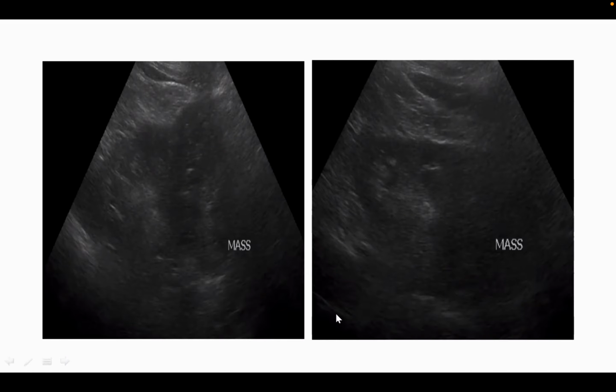In the subsequent images of the right kidney, on the left side we have the sagittal view and the cross-sectional view on the right side.